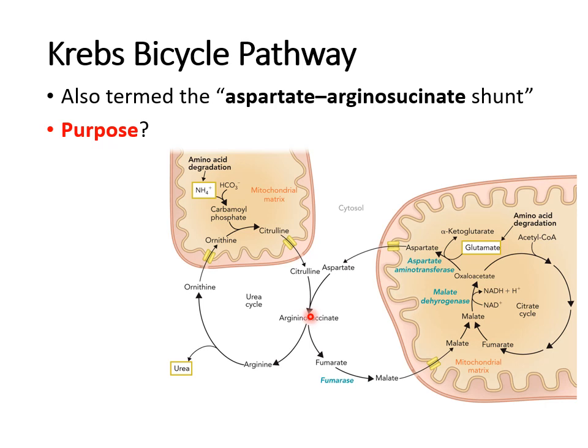Okay, so this here is the bicycle pathway, and the reason why you see aspartate-argininosuccinate shunt is right here, aspartate and then argininosuccinate over here in the urea cycle.